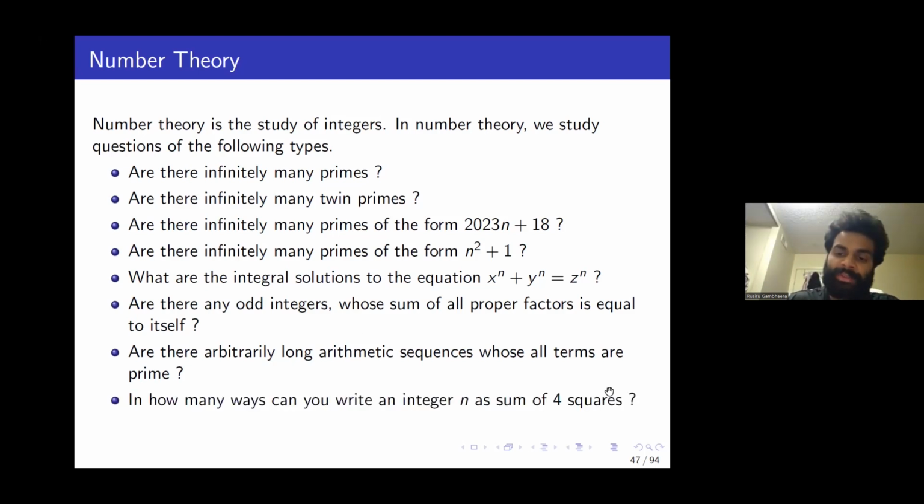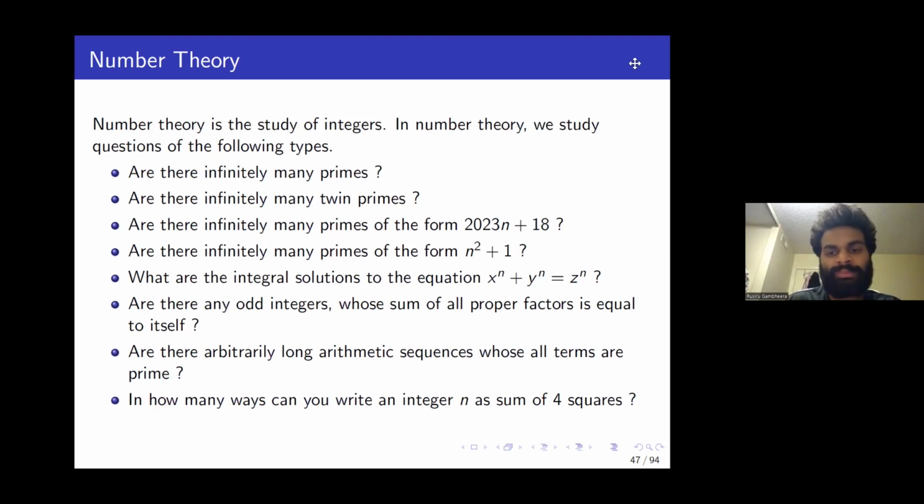And another question is, in how many ways can one write an integer n as a sum of four squares? This is also done. I would say this needs 19th century mathematics. We can use modular forms to answer these questions. Yeah. All right. So those are the kinds of questions we encounter.